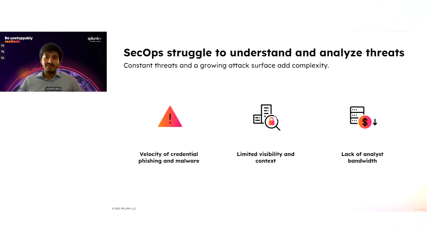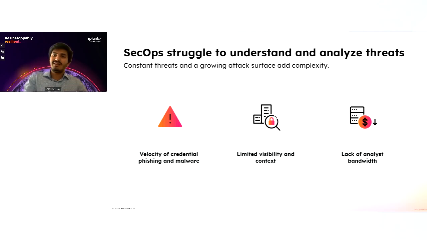And the third one is that it takes 9 weeks for an attacker to penetrate your system today. So we see this struggle again and again: there is a lack of bandwidth, there is a velocity of credential phishing and malware, and limited visibility because you have to jump from one product to another in the minimum amount of time to solve the alert you're looking at in the fastest way possible.